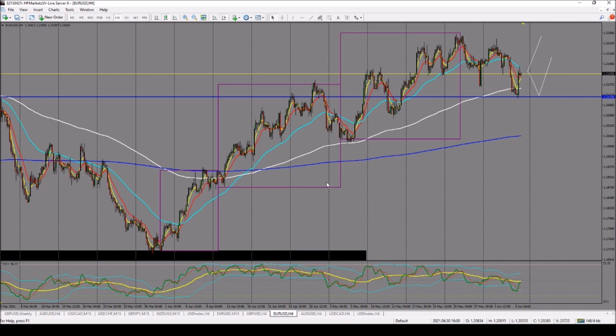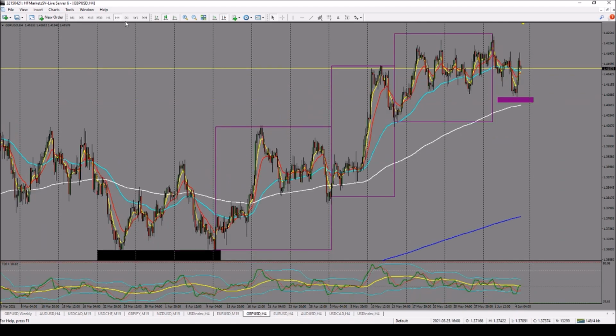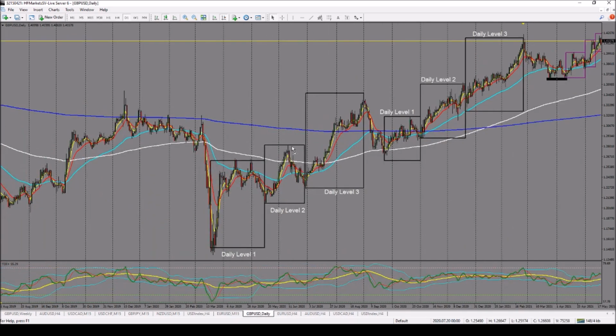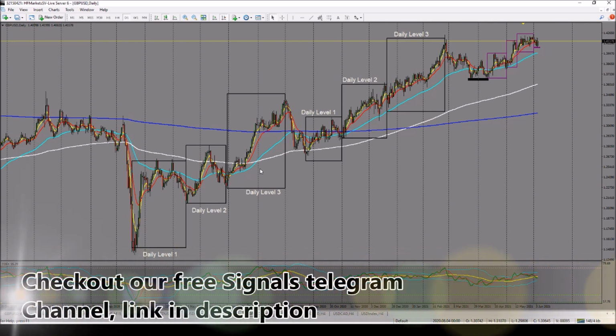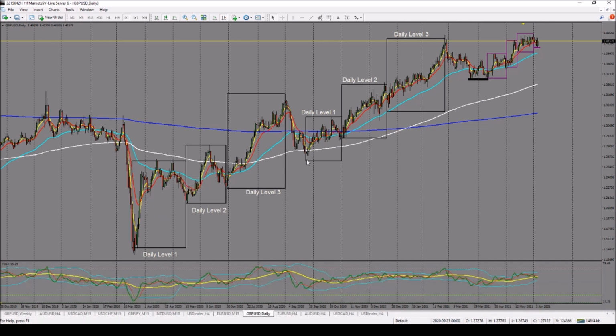So this also applies to GBP against USD. It's something that also correlates with the USD index inversely, and we'll be looking for buying setups on GBP against USD. However, on GBP against USD, we have already been issued 2 sets of the daily levels. As you can see, we had the first daily level, the second, the third, and a reset in this form. The count was restarted.